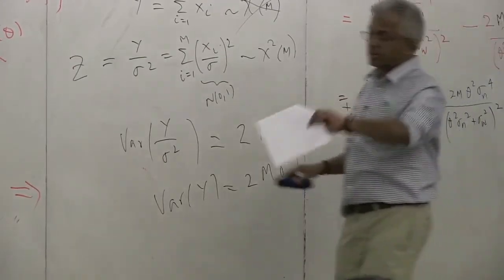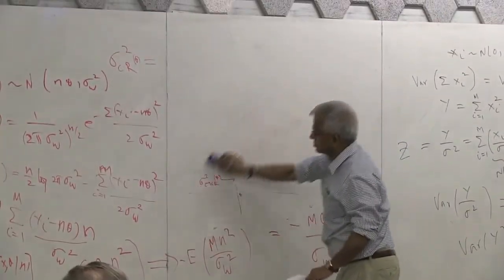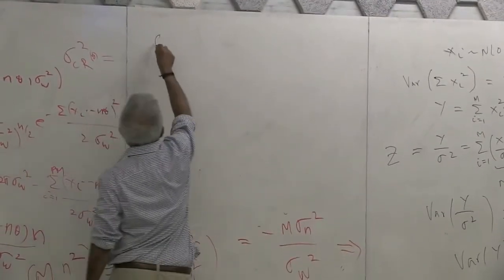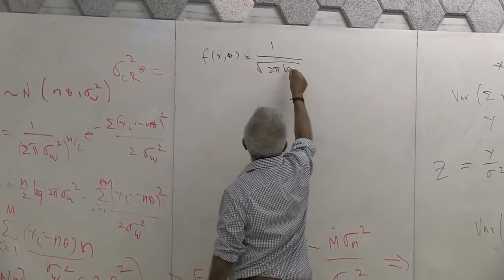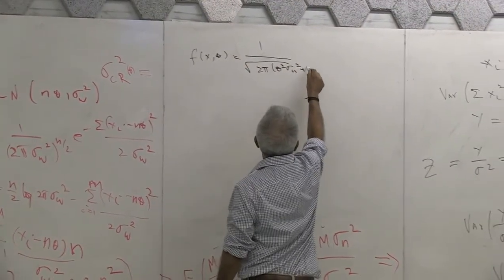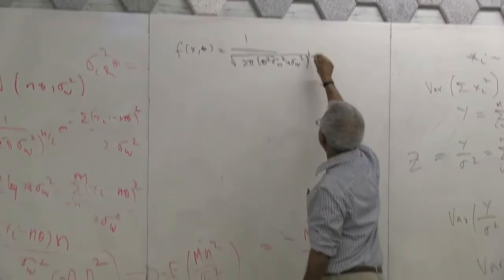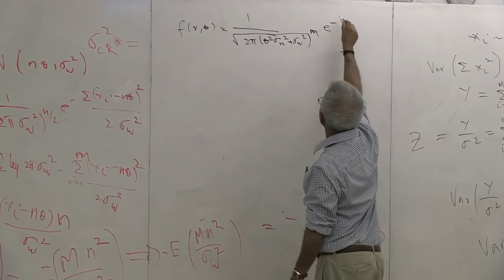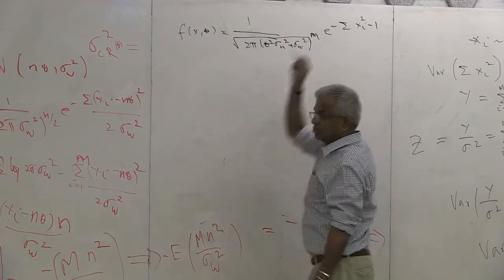Now before we quit, let me just see whether the f was right or not. Why that minus sign? So one more time, f of x comma theta is the square root of 2 pi times theta squared sigma n squared plus sigma w squared, to the power m, e raised to minus xi... there is nothing minus, right?